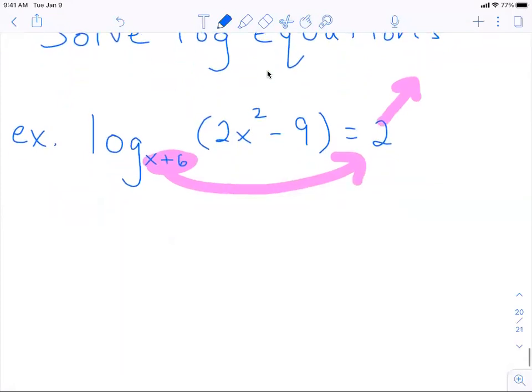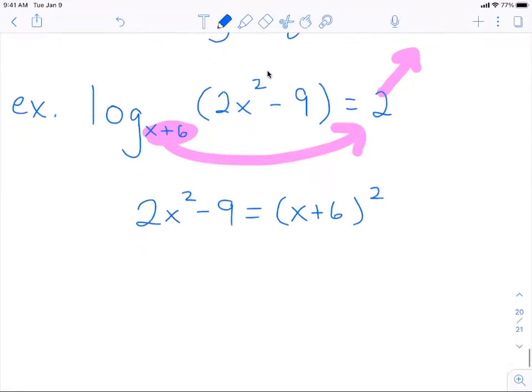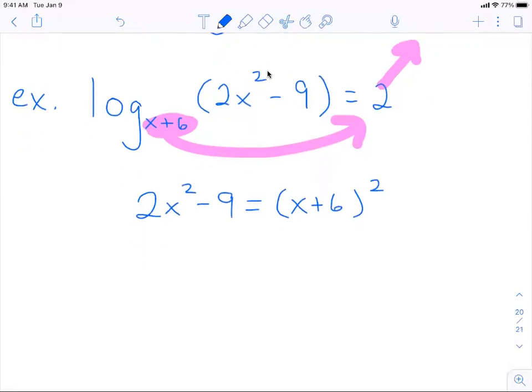We would write this in exponential form as 2x squared minus 9 is equal to x plus 6 quantity squared. And now it's just an Algebra 2 type of problem where we're going to FOIL out the right side, get everything on one side, and then solve that for x.